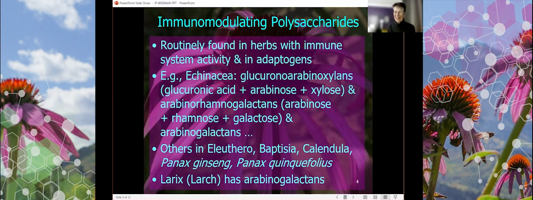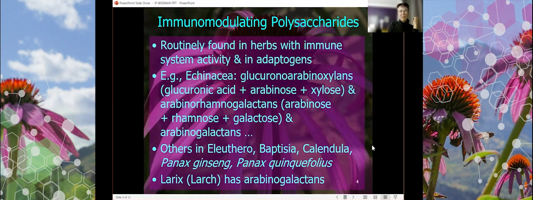Like, what does calendula not do? Oh, and it has immunological activity. Calendula blows my mind. There's a really popular naturopathic supplement called Larix, which is the genus name for the larch tree. And for some oddball reason, it's a really rich source of arabinogalactans, IP, right? So you can buy that as a supplement.